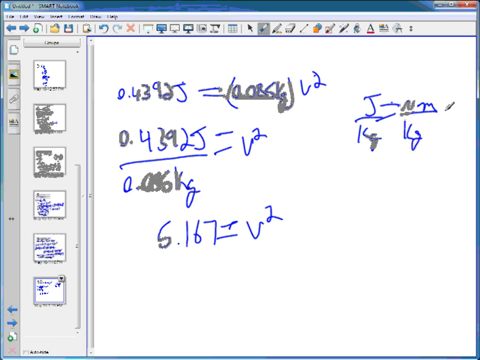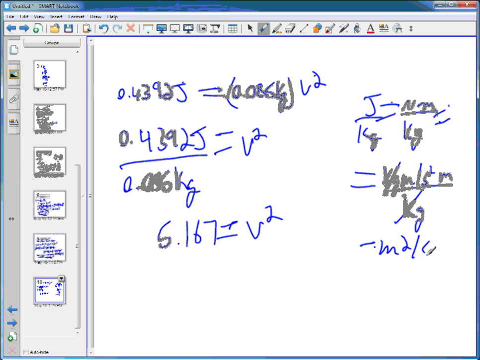A Newton is a kilogram meter per second squared, times meter again, divided by kilograms. Kilograms are going to cancel. We're going to be left with meter squared per second squared.